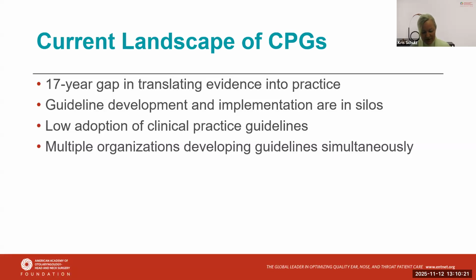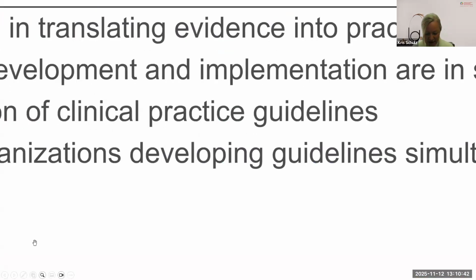There is a low adoption of clinical practice guidelines. We kind of know that, but we kind of don't. We just know it a little bit more qualitatively than quantitatively because we're not measuring it well. Multiple organizations are developing guidelines simultaneously, which can add to the chaos. And the low adoption that I just mentioned can be further complicated by the fact that many of our guidelines may have an equally, if not greater, importance to other specialties.